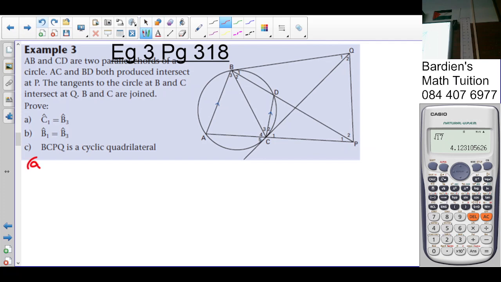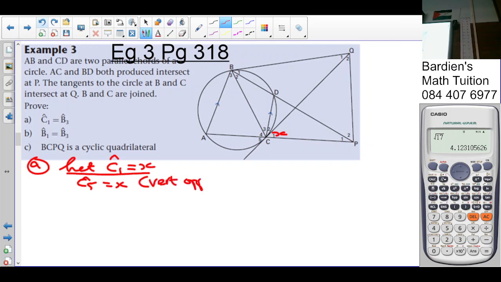So we say let C1 equal X. If C1 is equal to X, we must end off with B3, which is there. C5 is equal to X. Why?